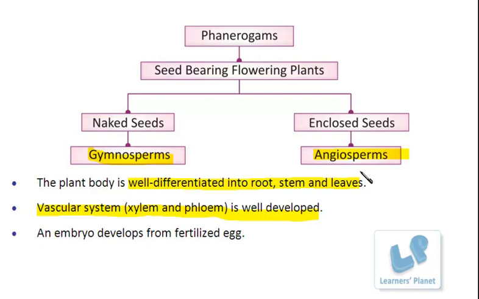Fine. And definitely the reproduction takes place because of the fertilization of the female gamete, and this fertilized egg is able to produce the embryo. So this is how these plants are subclassified into subkingdoms.